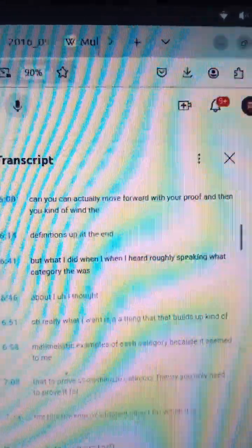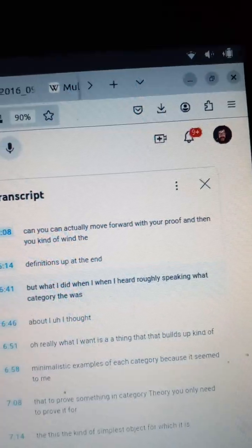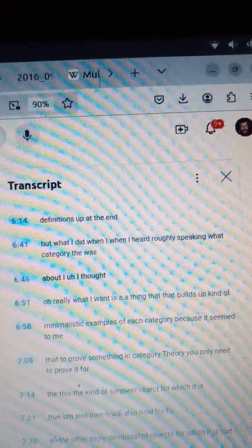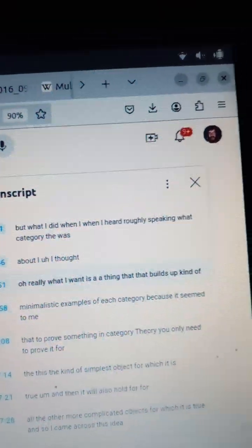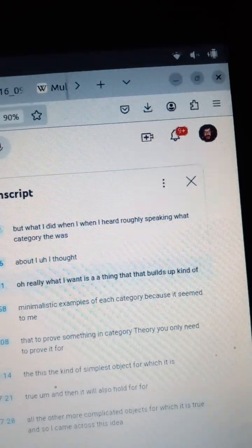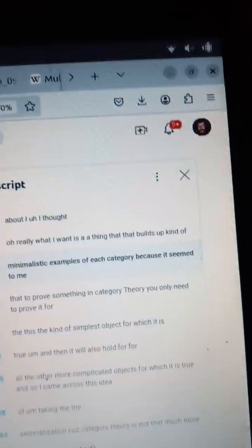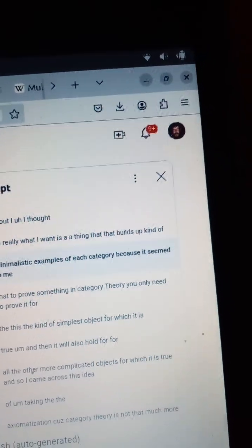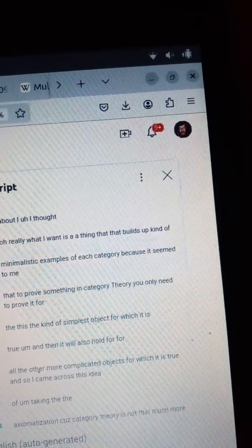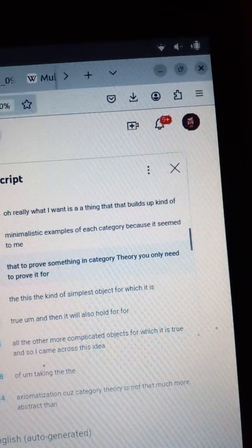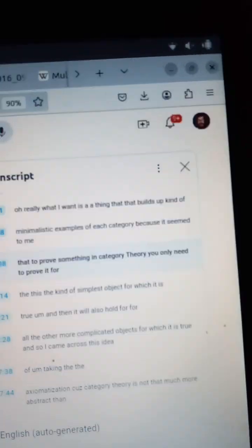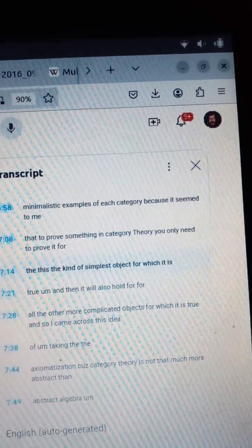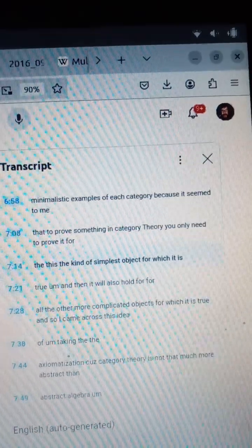But what I did when I heard roughly speaking what category theory was about, I thought, oh, really what I want is a thing that builds up kind of minimalist examples of each category. Because it seemed to me that to prove something in category theory, you only need to prove it for the kind of simplest object for which it is true.